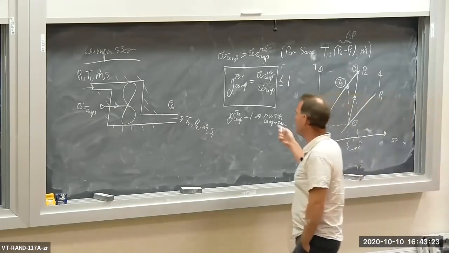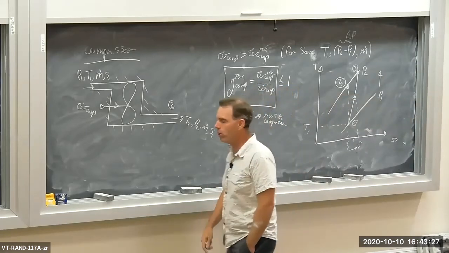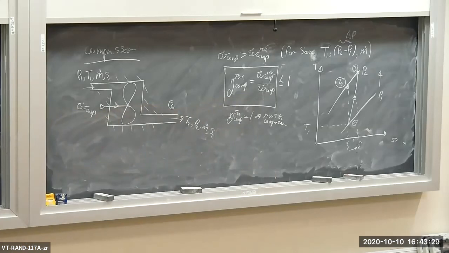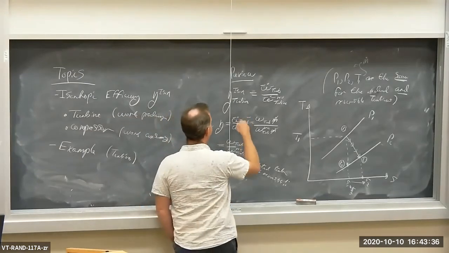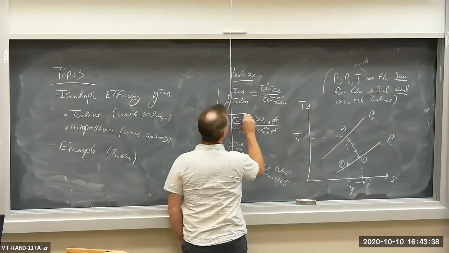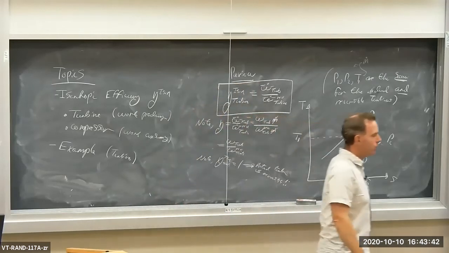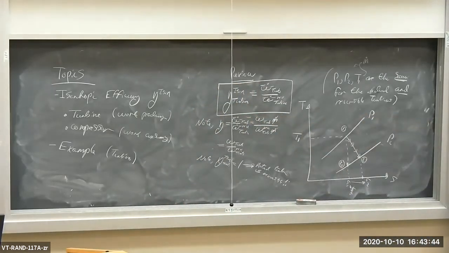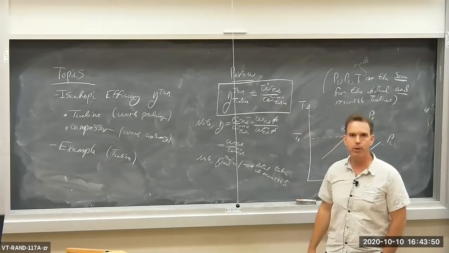Isentropic efficiency is the ratio of the compressor work for the reversible compressor to the real work for the actual device. That's for a compressor, and it is the inverse for the turbine. I'm going to put a little box around this. The definition for the isentropic efficiency for a turbine is equal to W dot for the actual turbine divided by W dot for the reversible turbine.